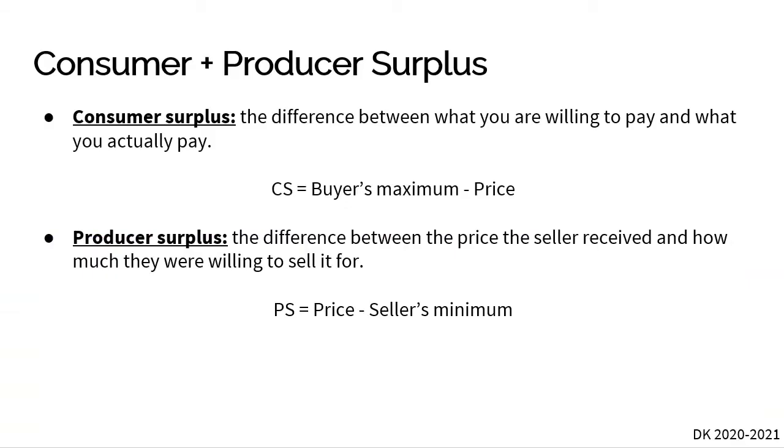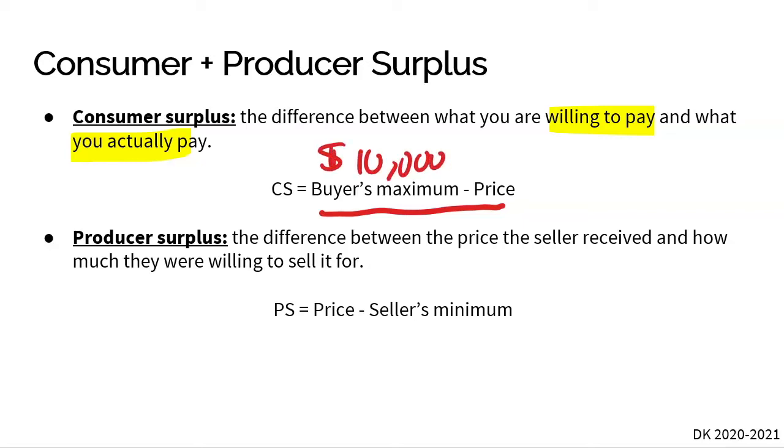So consumer surplus is just the difference in what you are willing to pay and what you actually pay. So our equation here is just going to be the buyer's maximum minus the price. For example, let's say I head into a car dealership, and the maximum amount I'm willing to pay for a car is, let's say, $10,000.